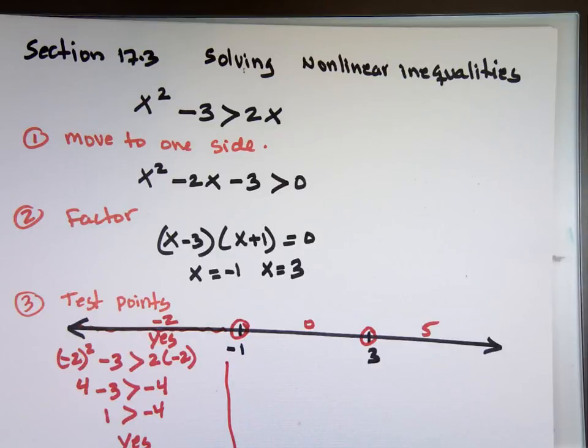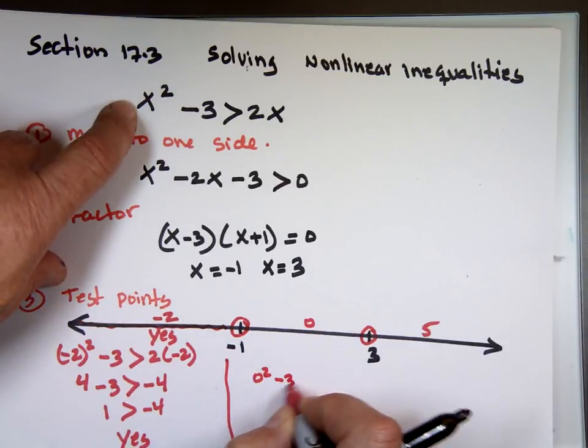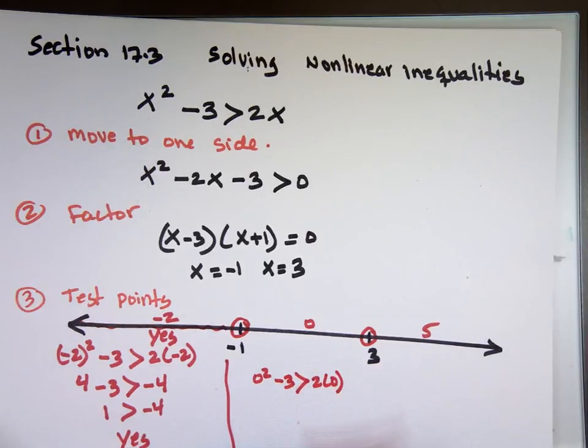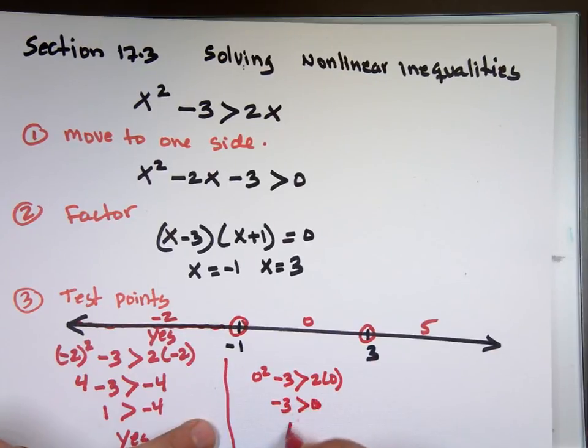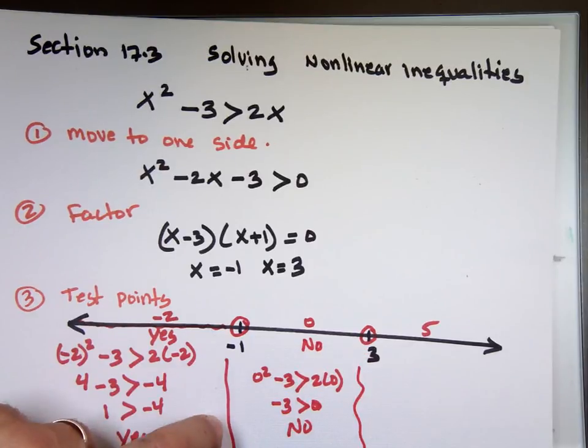Let's try the 0. Is 0 squared minus 3 bigger than 2 times 0? That's a negative 3. Is negative 3 bigger than 0? No. This piece or this segment is not a solution. And where's the other one? 5?